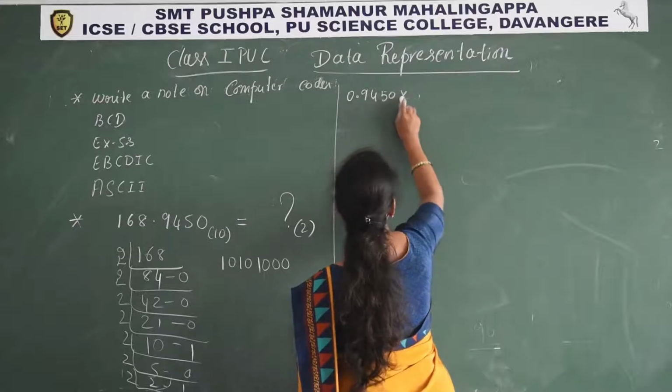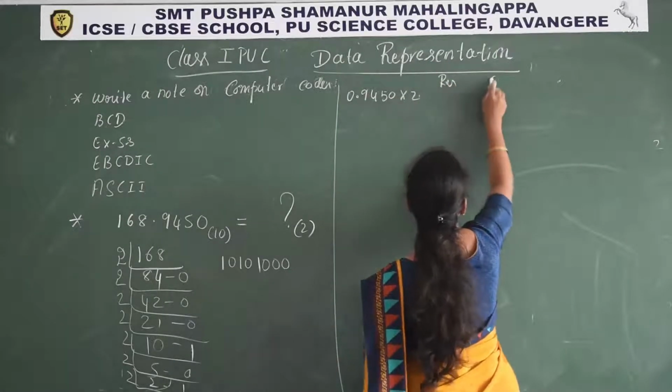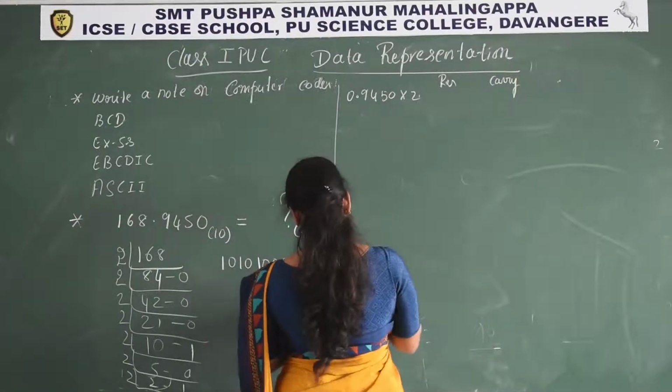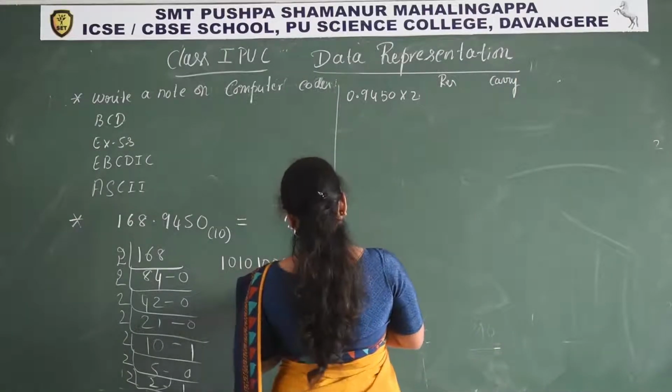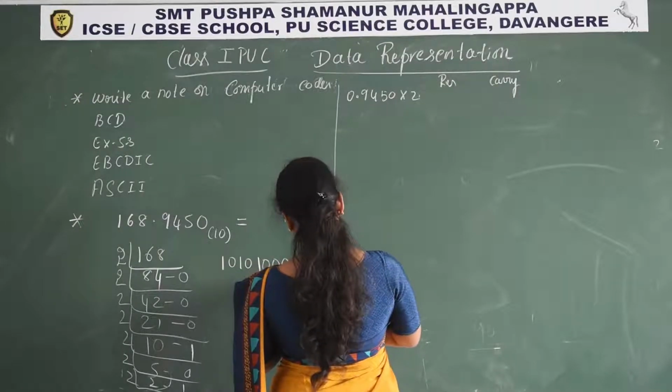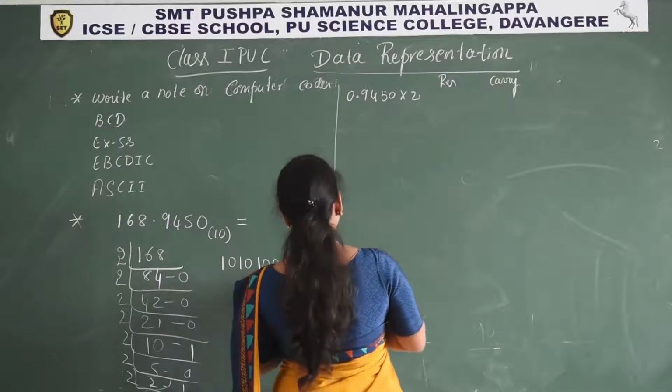Now the fractional part. 0.9450 into 2, result and carry. 0.9450 into 2 is 1.89.